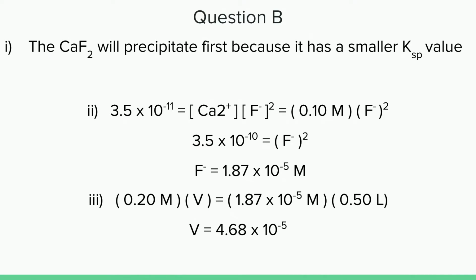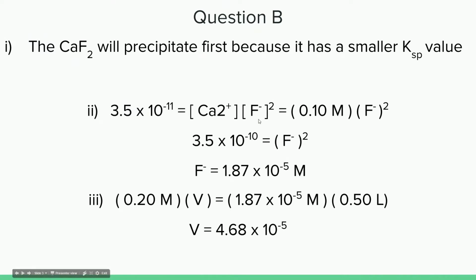And the second part asks us to calculate the minimum concentration of F- necessary to initiate the precipitation of the salt selected in part B. And to do this, we have to use the Ksp that they give us in the description, which is 3.5 times 10 to the negative 11th. And that number is comprised of the Ca2+ and the F- squared.